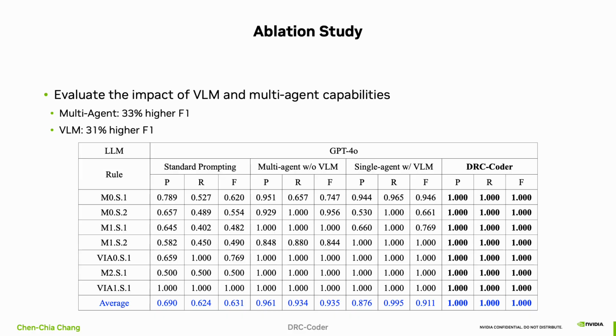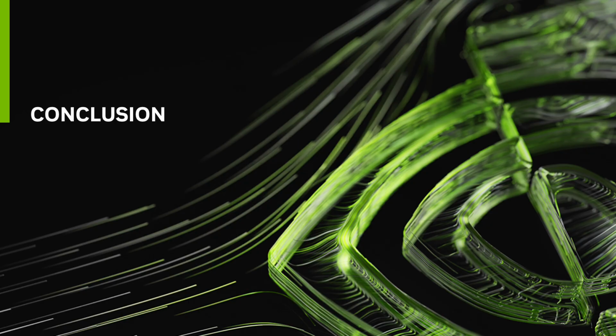This result shows that without the VLM and without the multi-agent, we cannot achieve successful code generation. But with both, we can complete the code. So this shows that the VLM and the multi-agent really help in the DRC code development process.